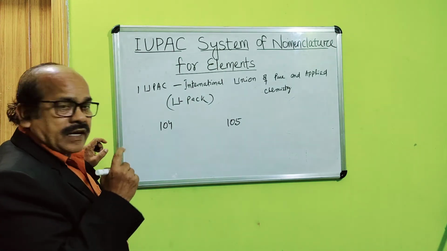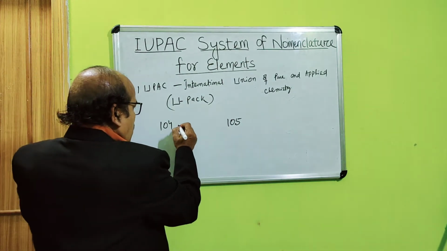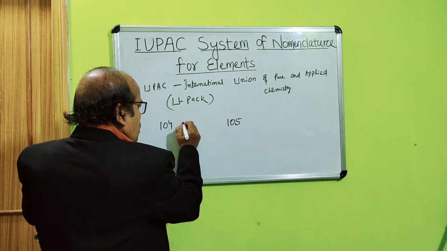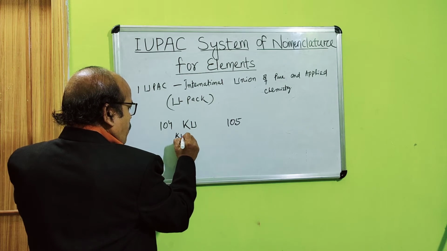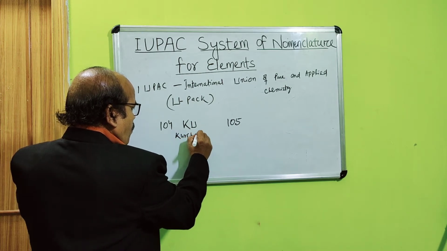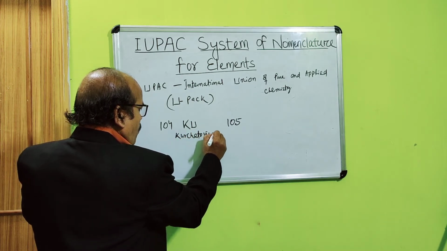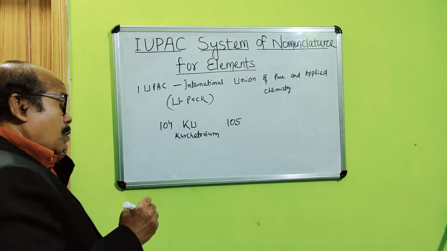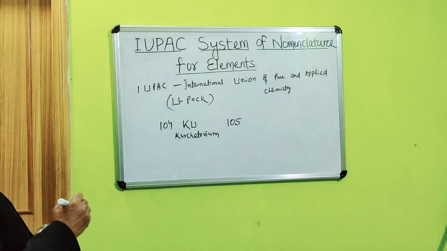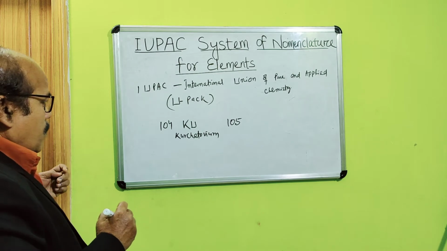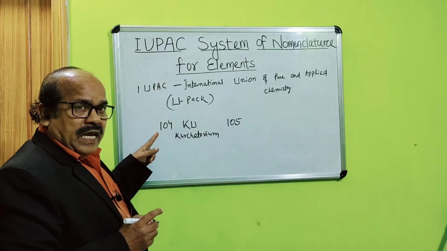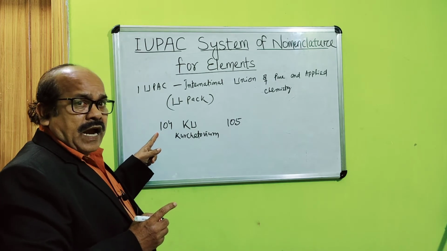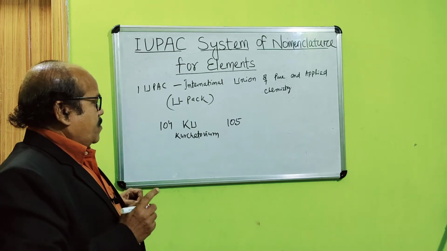The Russian scientist said its name is Kurchatovium. And this element was claimed by both Russian scientists and American scientists.